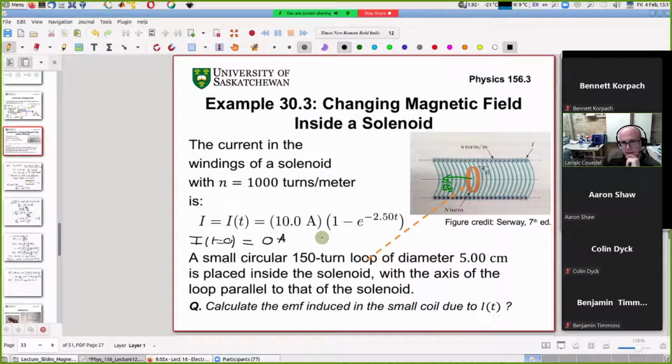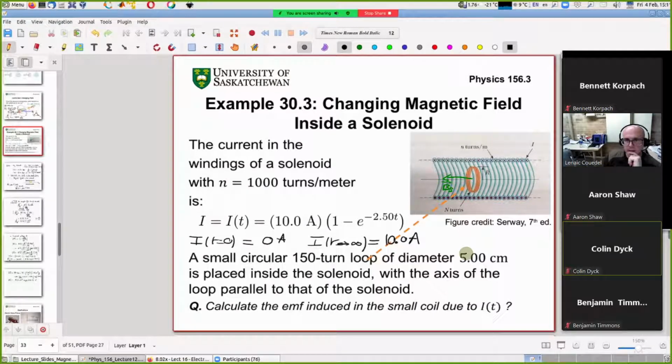I at t going towards infinity: we have 10 amps times 1 minus exponential of minus infinity. What is exponential of minus infinity? 0. Yes, 0. So what is the current when time goes to infinity? 10 amps, exactly. So is it an increasing current or a decreasing current?